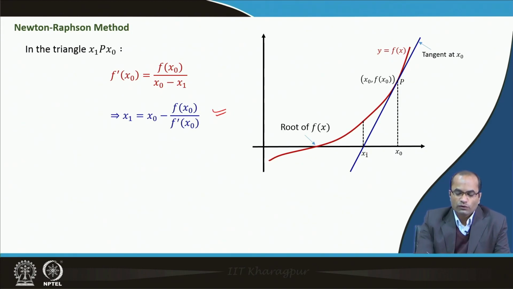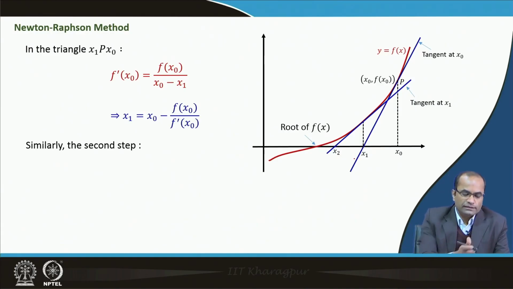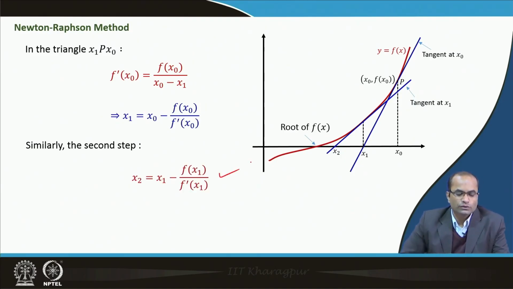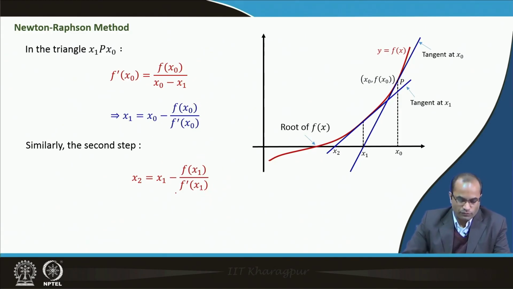If we continue now, we draw a tangent at this x 1 point, which meets the axis at this point, which we call x 2. In a similar way, considering this new triangle, we can get x 2 from x 1. Just x 0 is replaced by x 1, and we get this new formula giving x 2 from x 1: x 1 minus f x 1 over f prime at x 1.